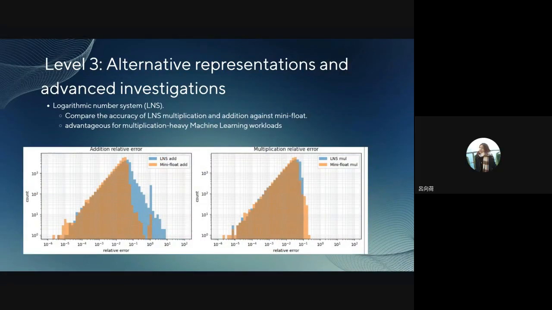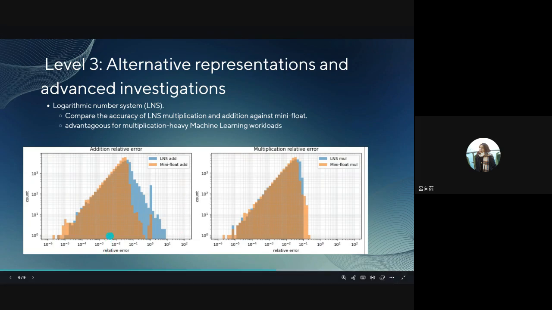So here is level 3, the alternative representations and advanced investigation. We use the logarithmic number system and compare the accuracy of LNS multiplication and addition against the minifloat.